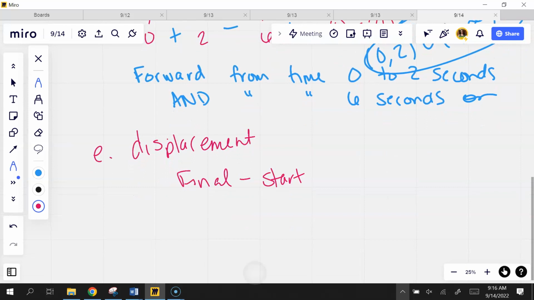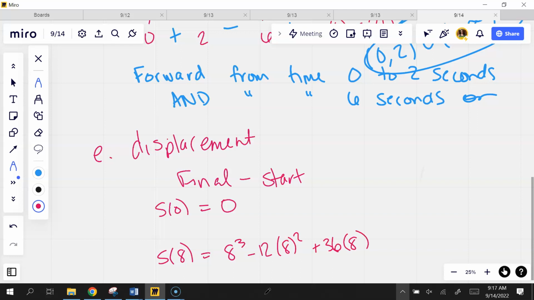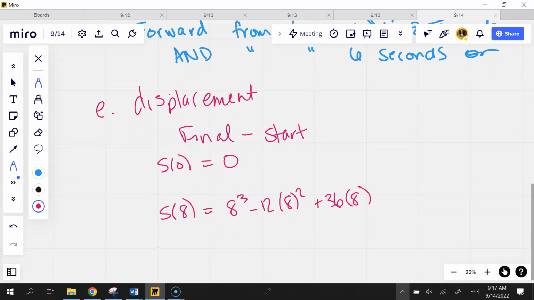So to find that, I need the position at 0, and then I need the position at 8. Position is t cubed minus 12t squared plus 36t. So if I put a 0 in there, I get 0. For the 8, 8 cubed minus 12 times 8 squared plus 36 times 8. I don't know what you get there. Anybody?